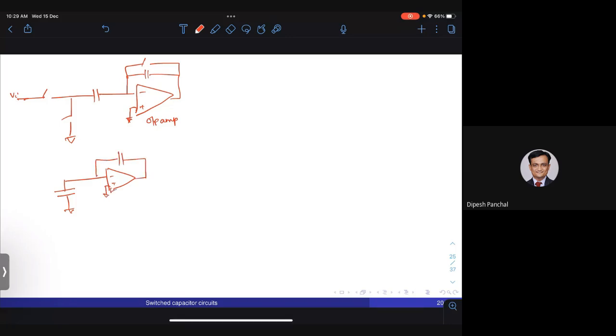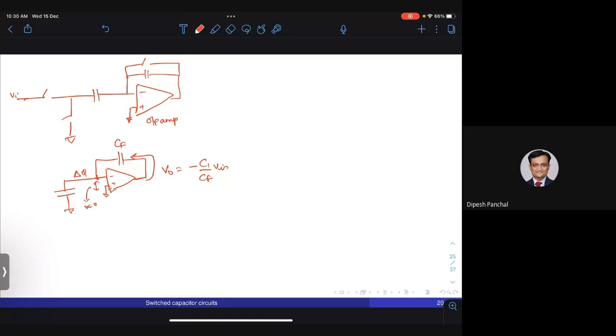In the other cycle, a charge of delta Q was injected onto this node that produced a voltage difference on this node, and the op amp would have driven this capacitor until the difference between these two nodes became almost equal to 0, which is when the desired output voltage would have been minus C1 over CF times Vin. This is what the op amp based switched capacitor circuit had done.